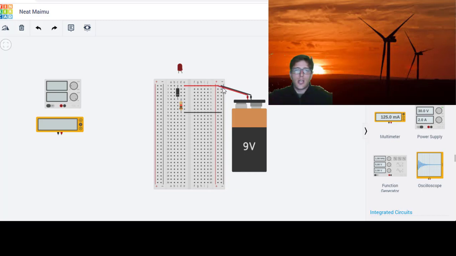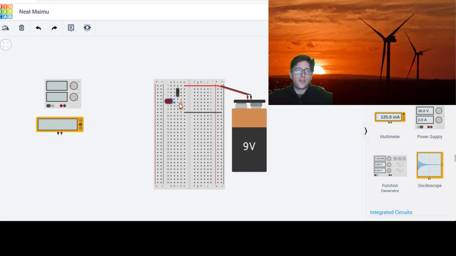So, okay, we now have the negative going here. The electron flow would be going from the negative right here through the resistor, through the diode, and then through the positive. Now if we go ahead and hit this, we're not going to see anything, right? So typically we would have our LED, something like this, and we would want to rotate it a little bit more.